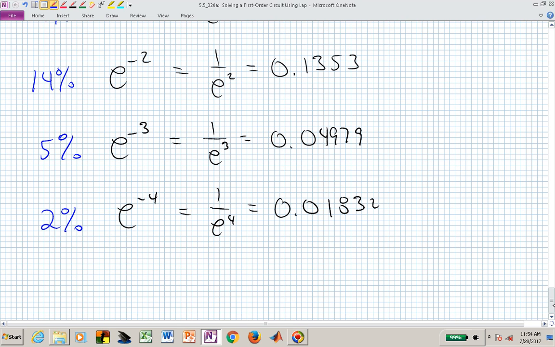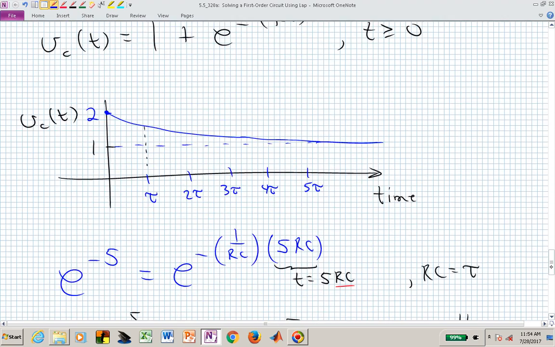So now after 4 time constants, and sometimes people will say, oh, 2% is our final value designation. That now happens in 4 time constants, and it's now 2% of the way from our initial value to the final value.